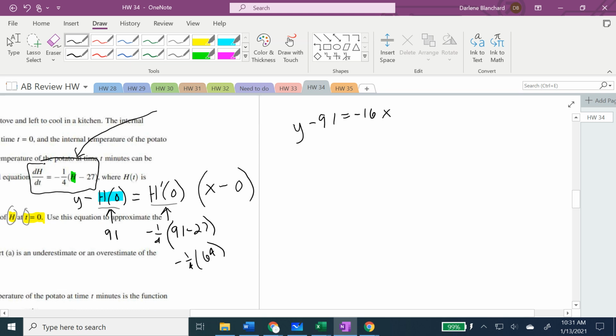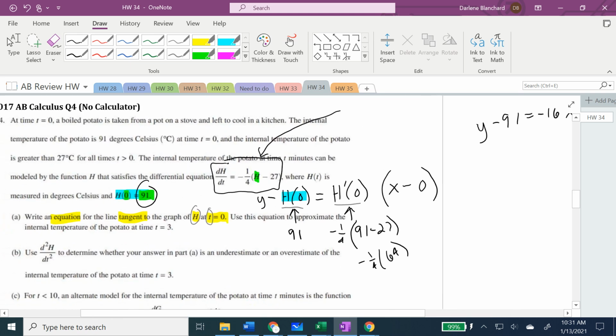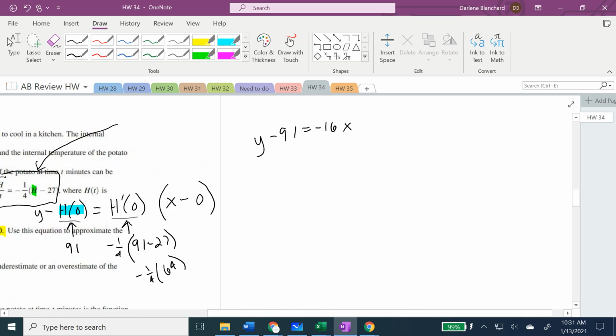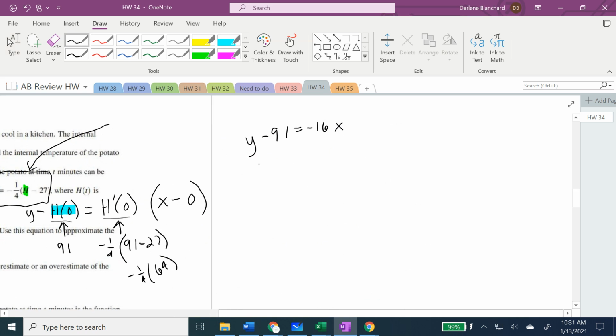But they want me to write an equation of the tangent line and then use it to approximate for t equals 3. So it's best if I solve for the y and then replace my x with a t and say that the y is approximating h of t.